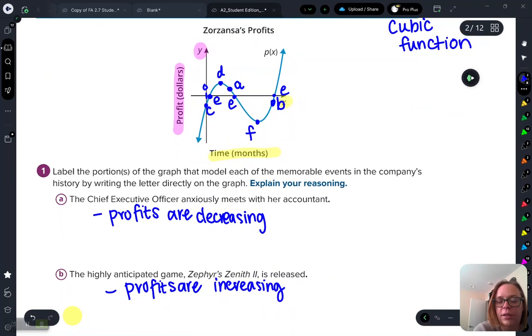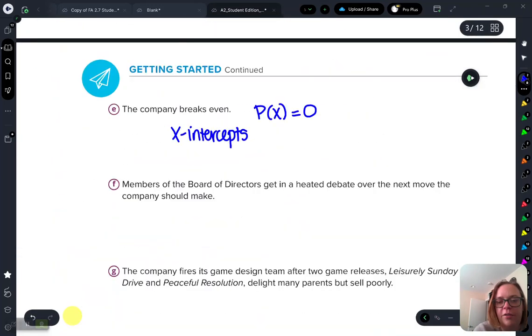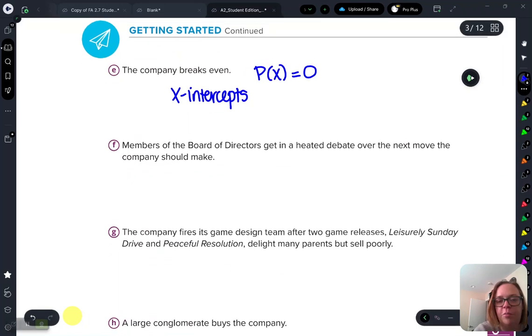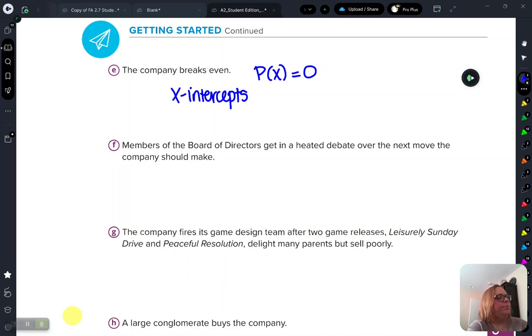To some degree, these are subjective. Some of these, like the break-even point, there's no other option than the x-intercepts, but some of them are a little subjective. So we could say for that one, it's kind of like at a low point. It's at a point where the company is losing money.